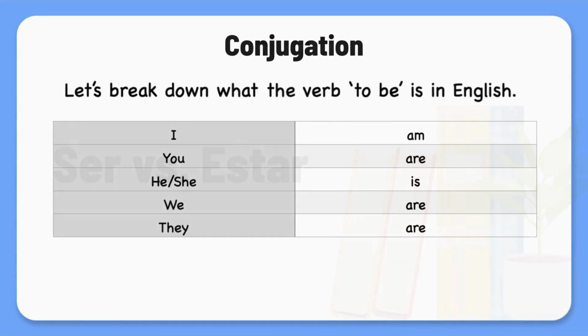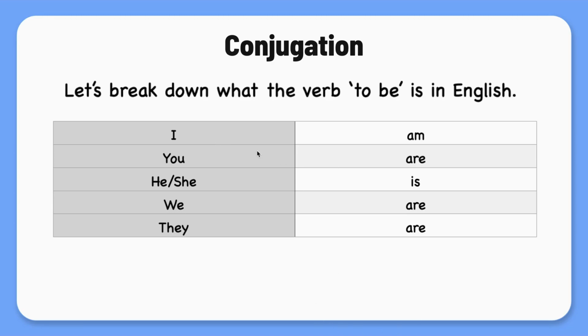So, we have to look at conjugation, right? Spanish and English have a very similar grammatical structure, and so as a result, there are certain things that are easier to understand because of that similarity. So, in other words, in English, we also have the verb to be, and this is the conjugation of it in English. For those who may not be familiar, conjugation is the process of breaking down a verb, and the reason why we conjugate is so that we can clarify who is speaking.